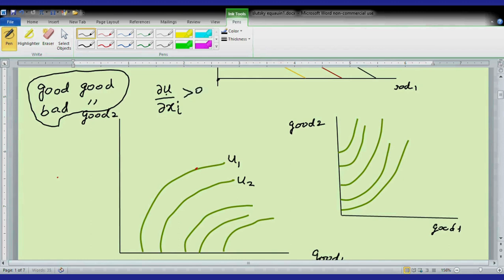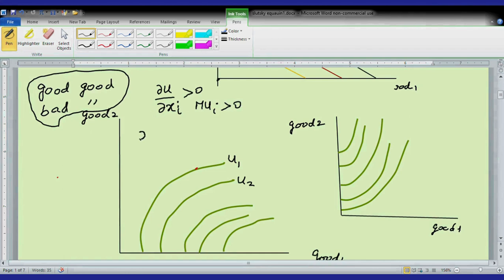Remember that this is the partial derivative of the utility function with respect to consumption of the ith good, so you should be able to interpret it as the marginal utility of the ith good. So what we are saying is that a good gives you positive marginal utility. The marginal utility remains greater than 0 in this particular case. Bad goods are the goods which decrease your utility.